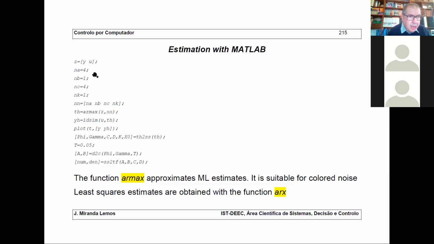Okay, so the objective of this slide is just to show how simple it can be to use this software. So it's just the first lines up to here, okay? All the other lines are exploring the model.